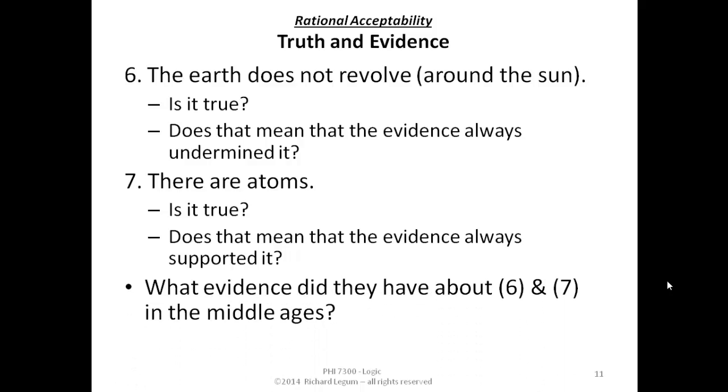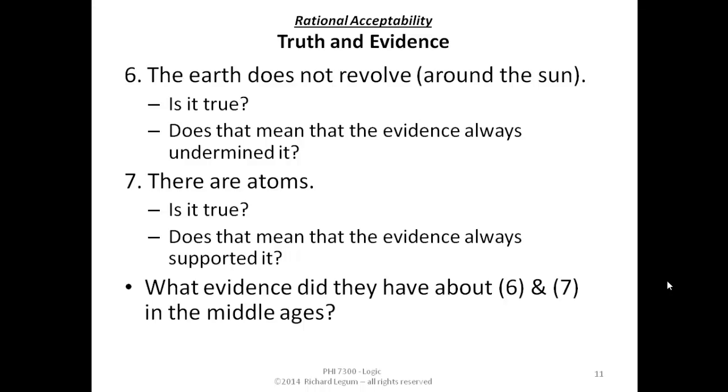Well, think about this. What evidence did they have about these two claims in the Middle Ages? Well, in the Middle Ages, they didn't know that the sun was at the center of the solar system and that the earth revolved around it. Remember, they had a different conception. On their conception, which they got from ancient Greece, from Aristotle, and from a Greek astronomer named Ptolemy, the earth was regarded as the center of the universe, and the sun revolved around the earth, not vice versa.